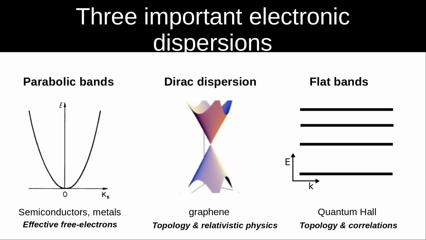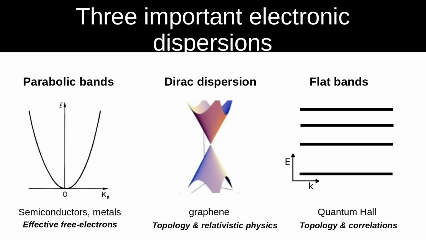And some of the very interesting phenomena that happen here is that this linear relation gives rise to a Hamiltonian that actually has topological properties, that has finite invariants, such as the Berry phase, and that has very specific transport properties that we will discuss in the topology lecture.